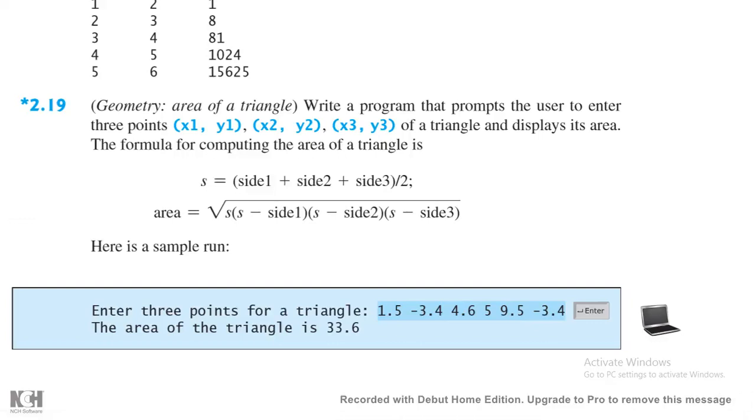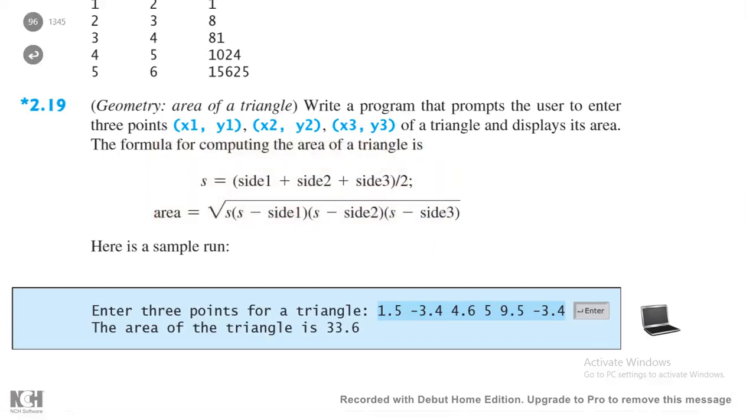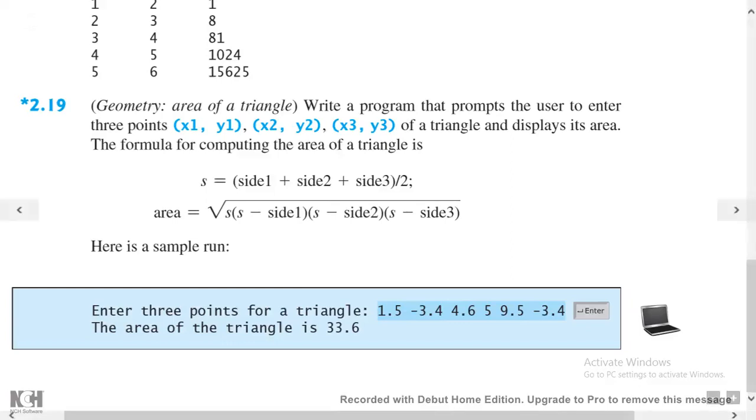The formula for computing the area of a triangle is given by this. We are given S, which is nothing else but the sum of the 3 sides divided by 2. So our area will be the square root of S times S minus side 1, multiplied by S minus side 2, and multiplied by S minus side 3.